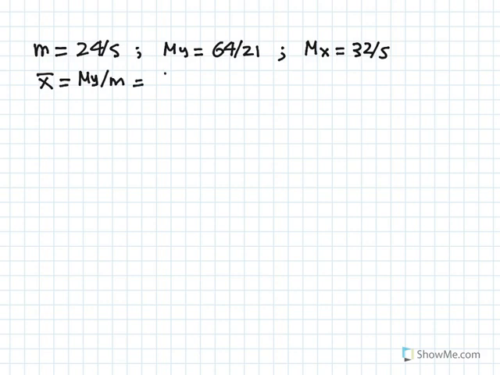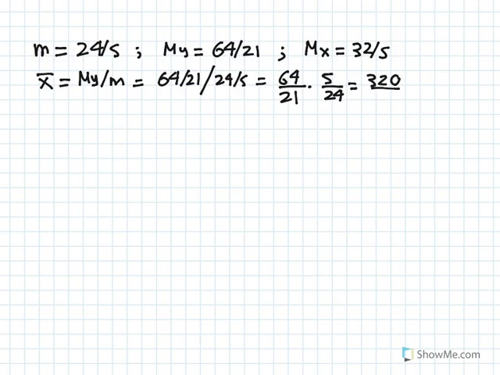So moment with respect to the y-axis is 64 divided by 21, divided by the mass, 24 divided by 5. Flip the denominator, we get 64 divided by 21 times 5 over 24. Simplifying, we get 320 divided by 504. If we decimalize this, put this into a calculator, we get approximately 0.64.